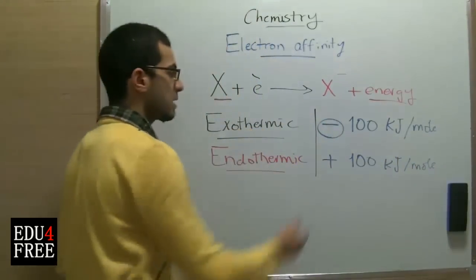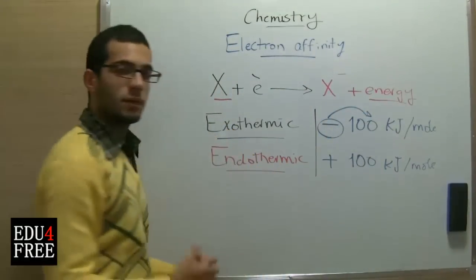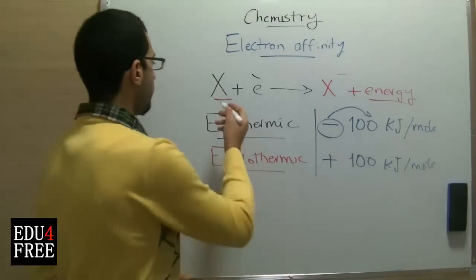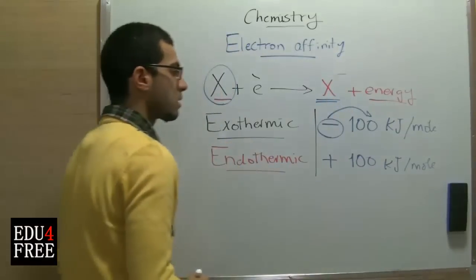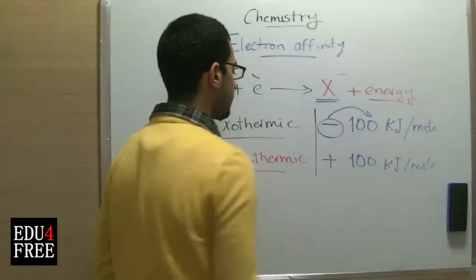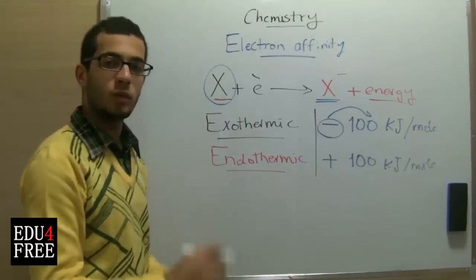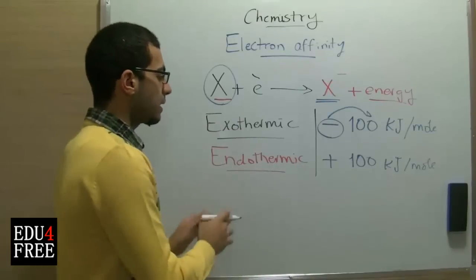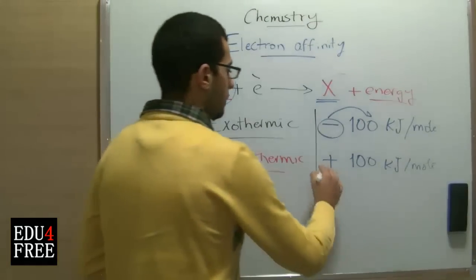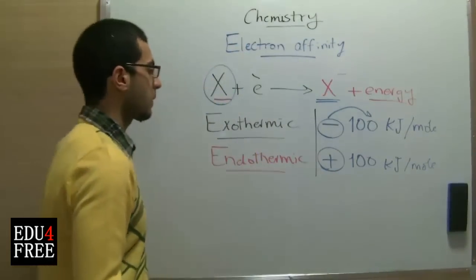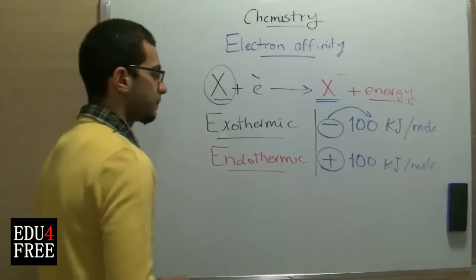This negative doesn't affect the quantity itself, but it illustrates the kind of reaction, because here the atom is converted into a negative ion, so the amount of heat here is negative, while in endothermic reactions, where ionization potential is absorbed by the atom, it is converted into a positive ion. That's why the amount of heat here will be positive. So this is what electron affinity is.